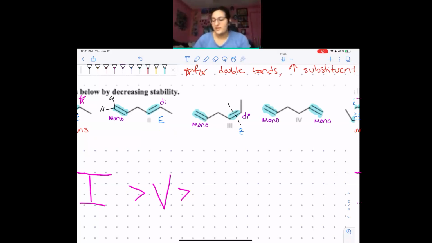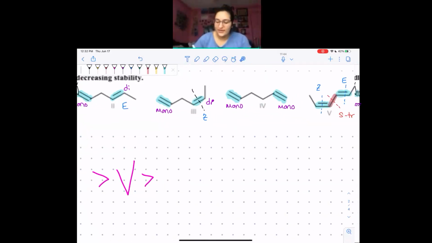So between these, which one is the least stable? Yes, I agree. This one is going to be the least stable because we know the fewer substituents, the less stable. This one has 2 monosubstituted, so that one is yucky. Ew. So let's say 4 is last place.